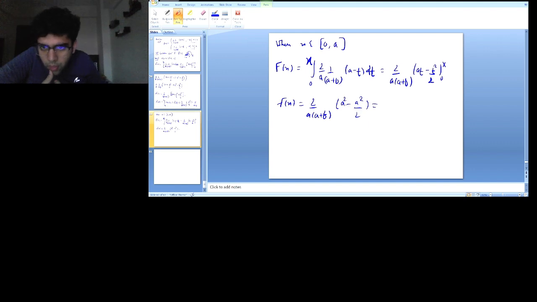So this gives me ax minus x square by 2 minus 0. So this becomes 2a upon (a plus b) times (ax minus x square by 2).